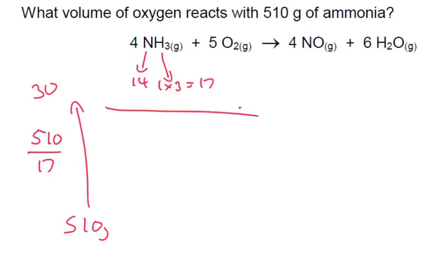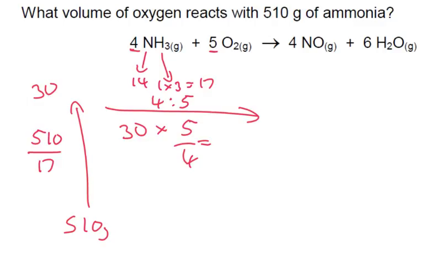Okay, now let's have a look at the ratio. We want to know oxygen, and it's a 4-to-5 ratio. Okay, so 30, we're going to times by 5 and divide by 4. That's going to tell us how many moles of oxygen we've got.